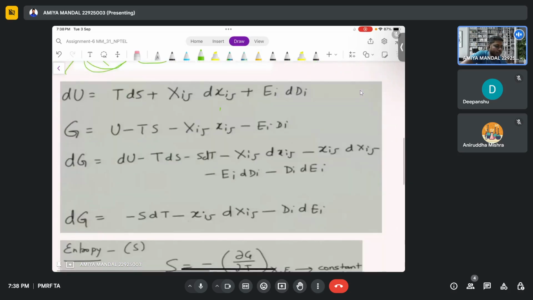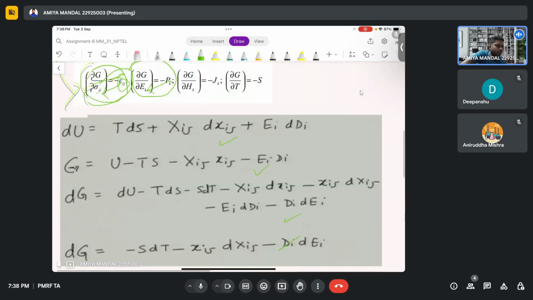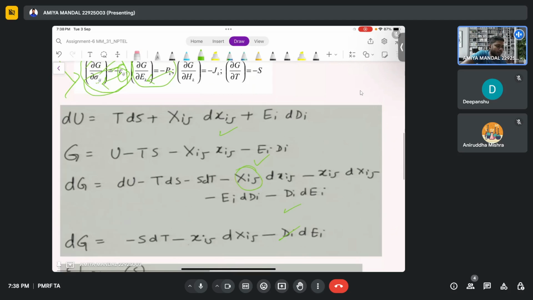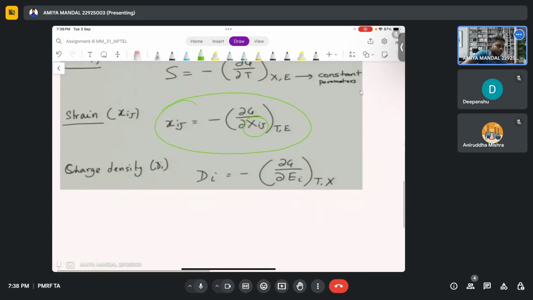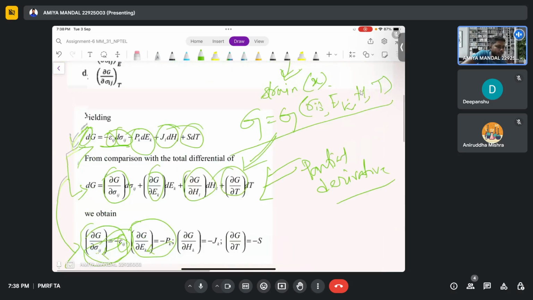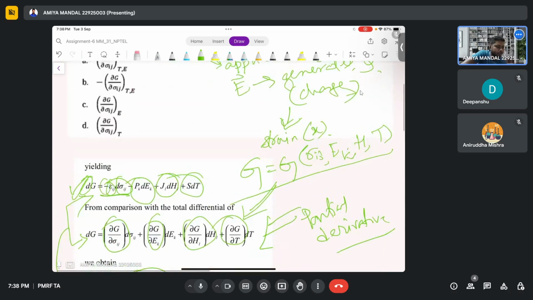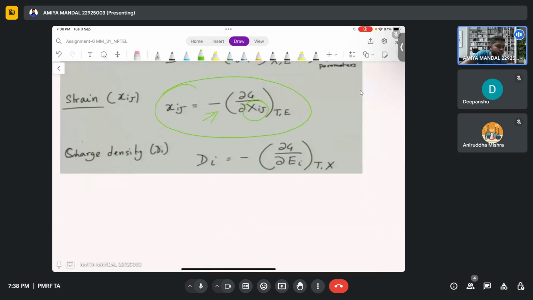You can also see here that entropy and strain are given by del G del, which depends on the electric field. So this and its negative form, this.